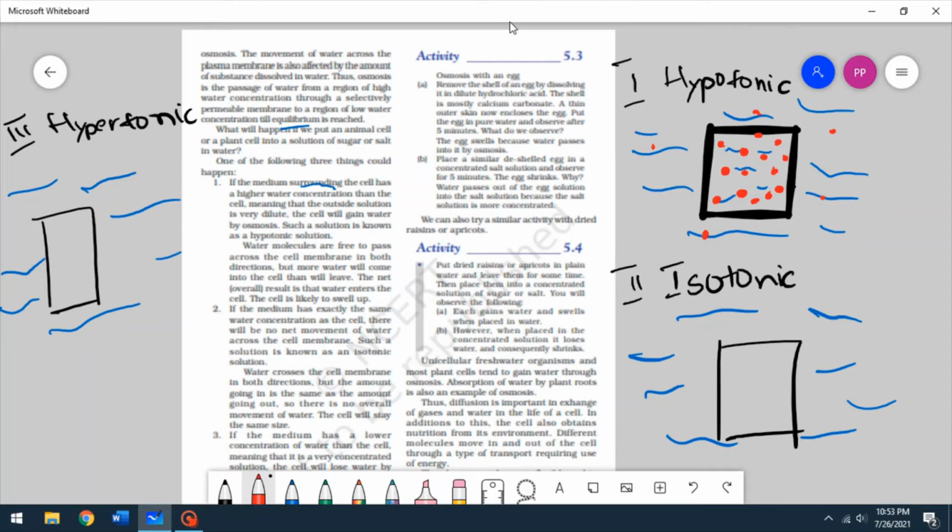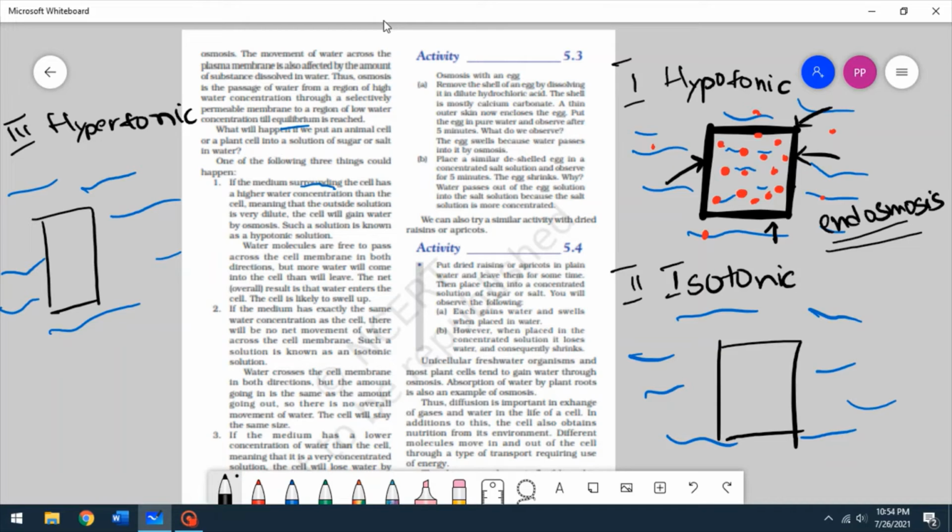In this case, water moves in through the selectively permeable membrane through a process known as endosmosis. The movement of water from outside the cell to inside the cell is known as endosmosis.